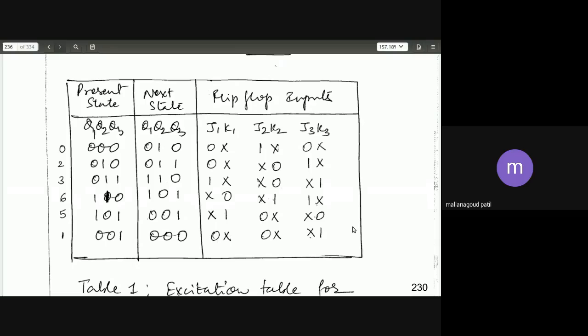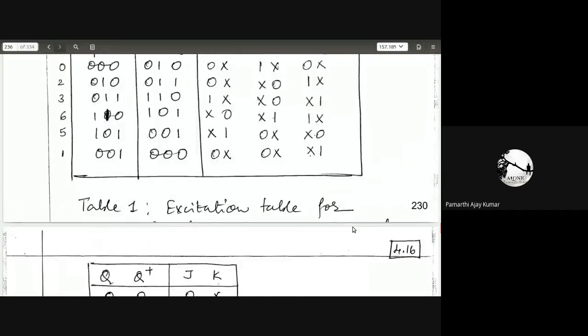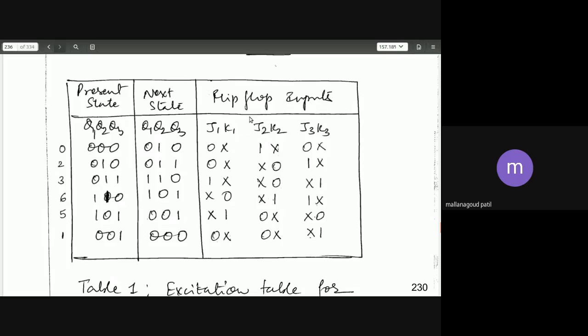J1, K1, J2, K2, J3, K3, six columns. J1 is one column, K1 is one column, like that. J2, K2, J3, K3, there are 6 columns.